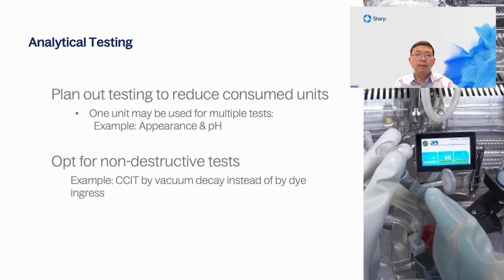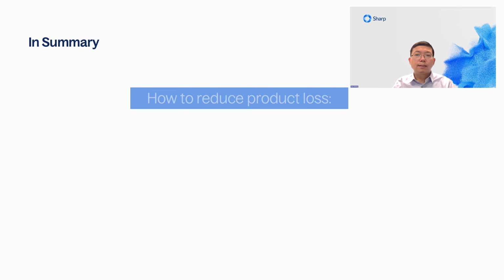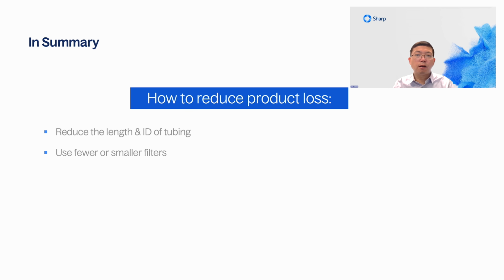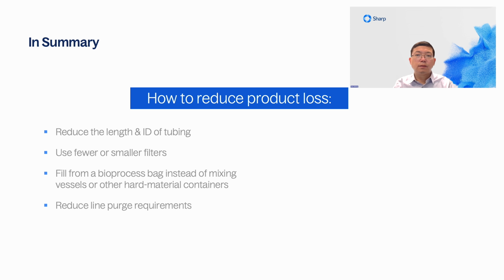So overall, these are the ways that you can reduce product loss. Reduce the length or inner diameter of tubing. Use fewer or smaller filters. Fill from a bioprocessing bag instead of mixing vessels or other hard material containers. Reduce line purge requirements.